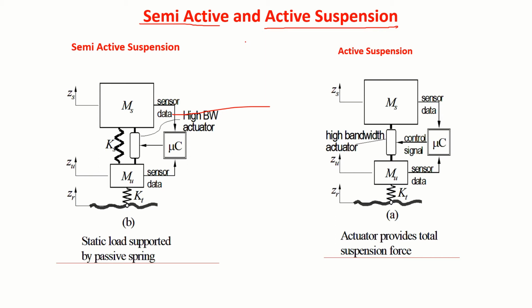As I said, there are two things here, stiffness and damping. In a semi-active suspension, we'll try to change only damping coefficient, keeping stiffness same. In the active suspension is basically some of these two forces, suspension as well as stiffness force, that itself we control. Okay, this is what we call it as semi-active suspension and active suspension.